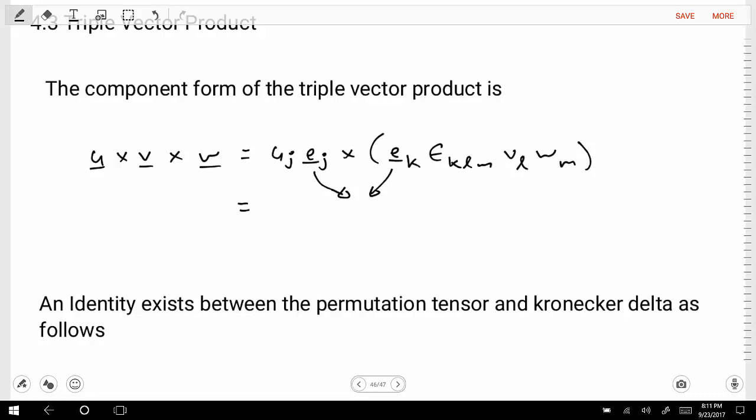So if we do that, and we note how the indices would shift, then we'll find base vectors e_i, a permutation tensor epsilon_ijk, our permutation tensor epsilon_klm, with u_j, v_l, and w_m.